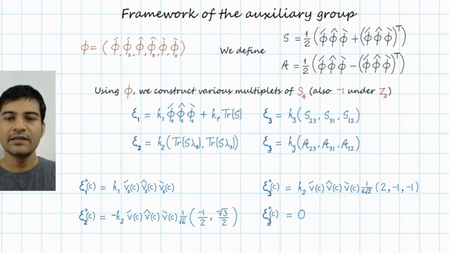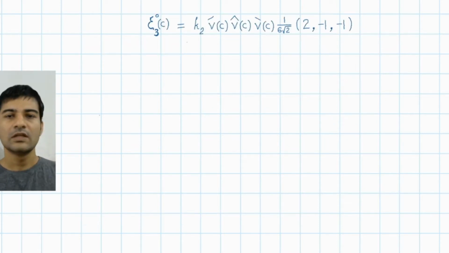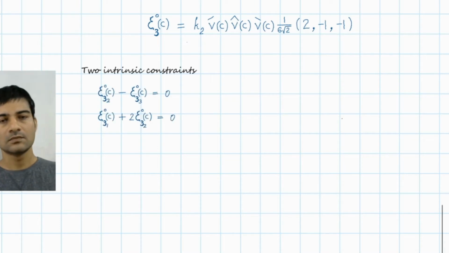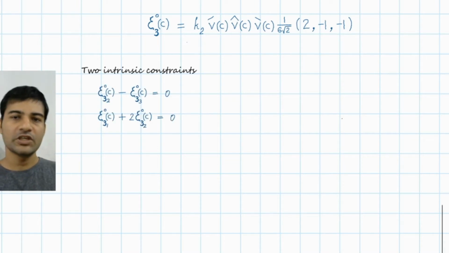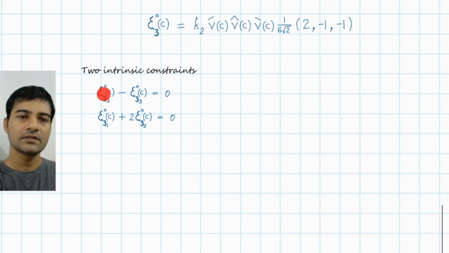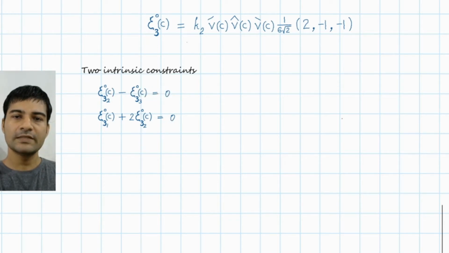On the other hand, the orientation of the triplet is very interesting. Let us study this orientation in detail. This stationary point contains two intrinsic constraints. The first one simply says that the second and the third components of the stationary point are equal.